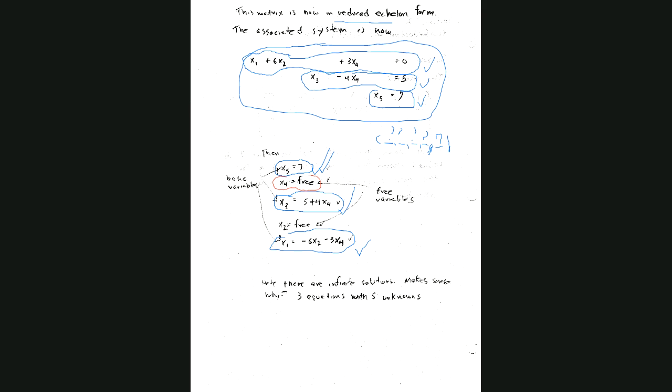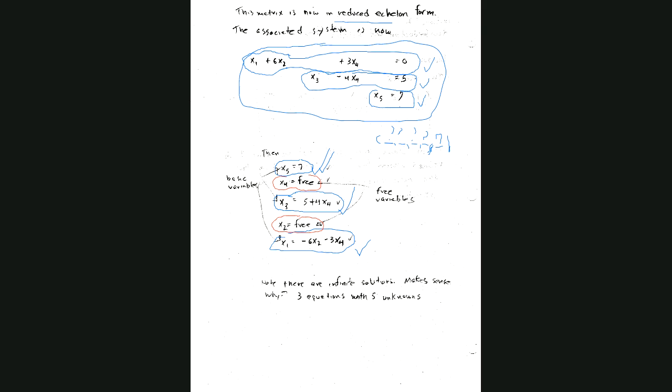Do we know what x2 equals? Do we have any conditions put on x2? No, we don't. It's a free variable. So the basic variables x1, x3, and x5 are written in terms of the free variables.